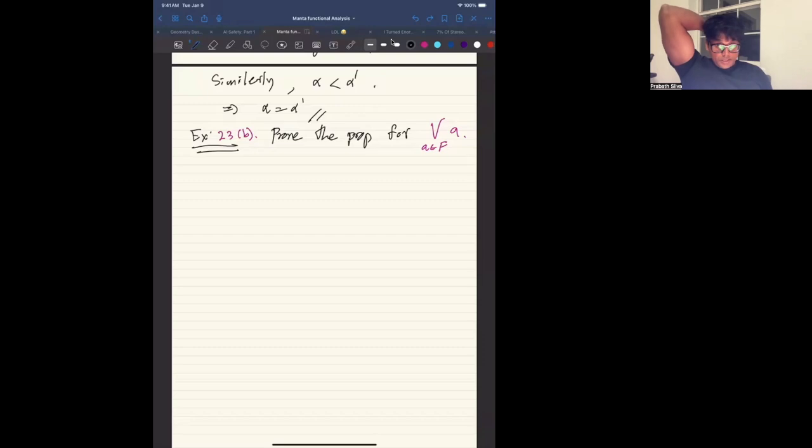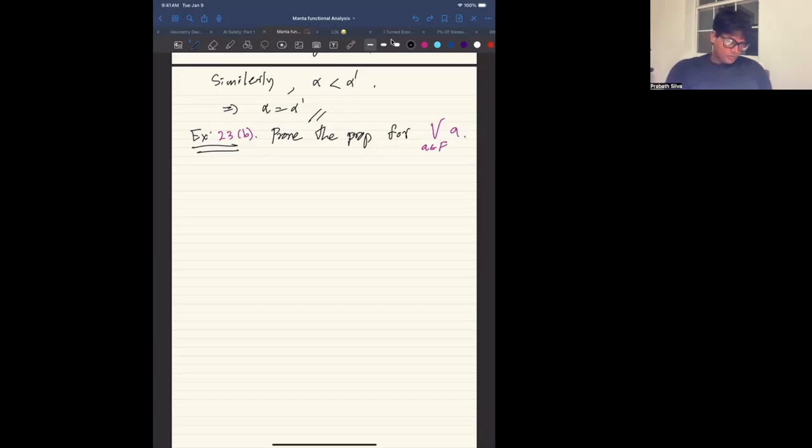Let's do these exercises. So basically, the right thing to do is to go and look at the examples of the partial orders we had. But let me write this thing down. I want you to notice this.